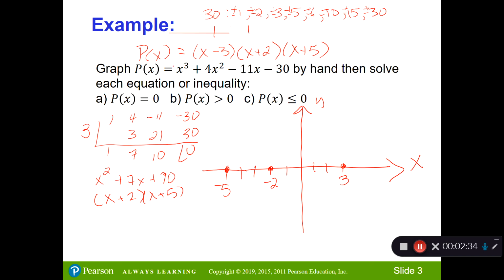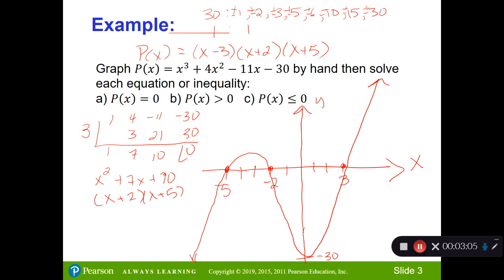And if you plug in 0, you get negative 30. So all the way down here at negative 30, I'll have a y-intercept. Now, the leading coefficient is positive, and the degree is odd. So remember, that means the right arm goes up and the left arm goes down. So this should cross the 0, since there is a multiplicity of 1. Something like that by hand.